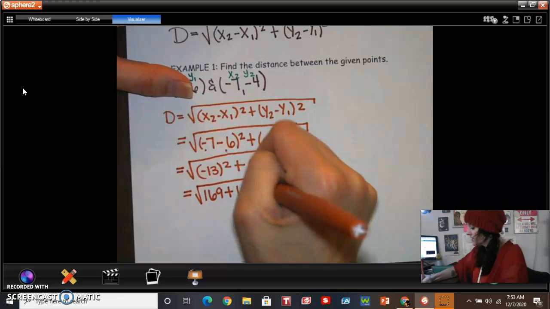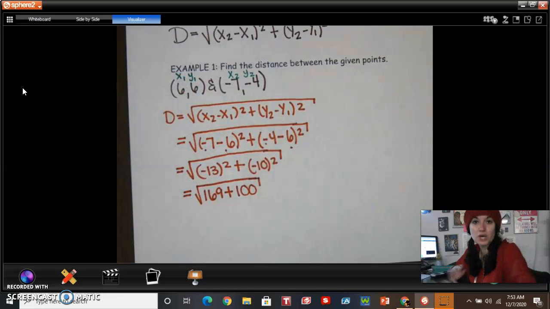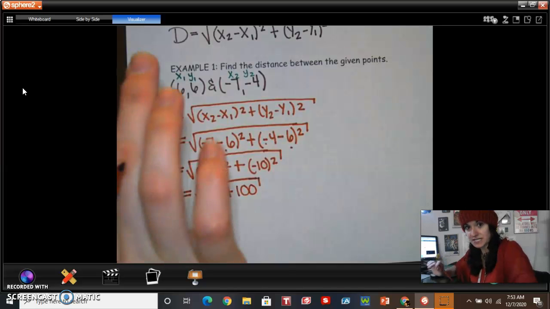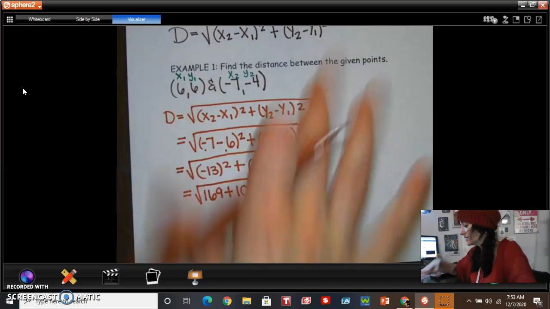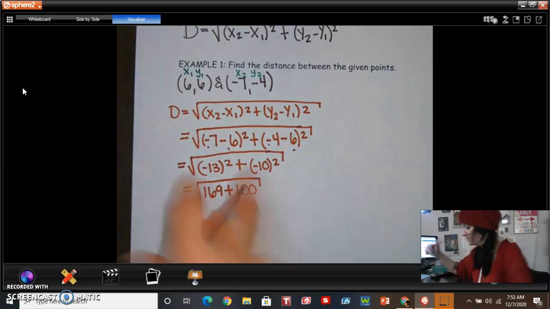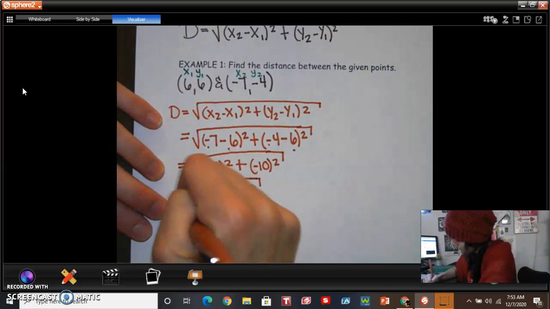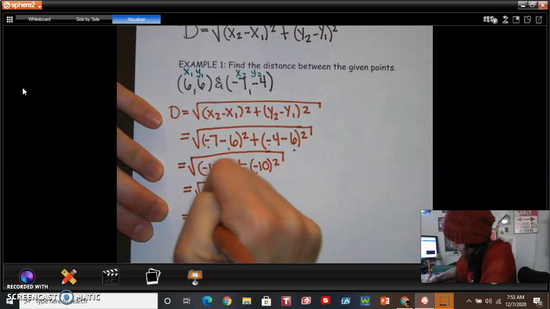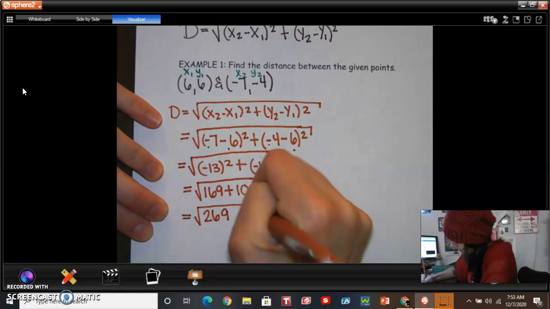Now, what I suggest is pausing this when we're done and taking your phone, if that's what you're using as a calculator, and typing in there till you can figure out how to get each of these steps to make sure you get them right, okay? Alright, so then we have square root of 269.